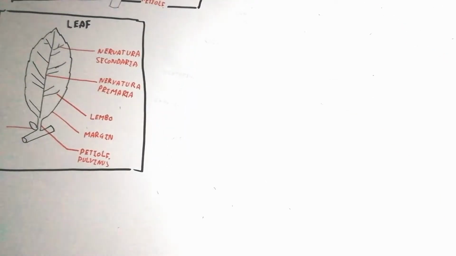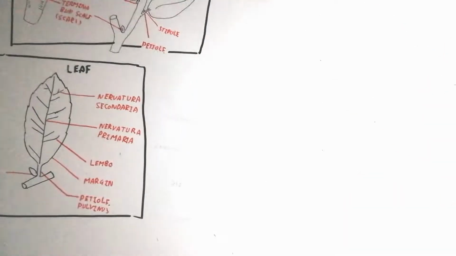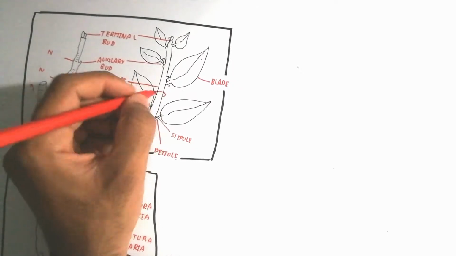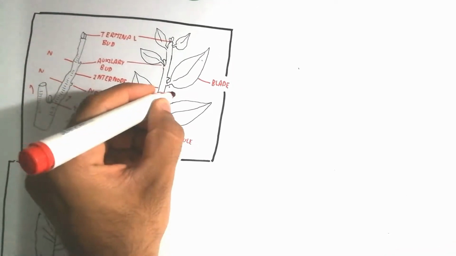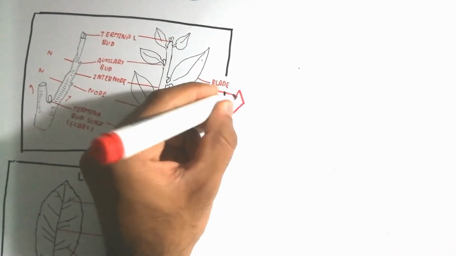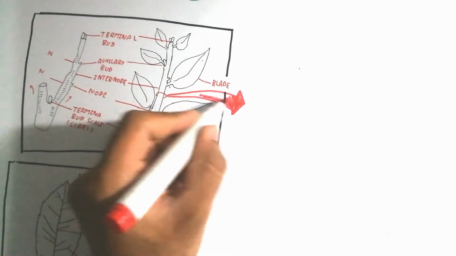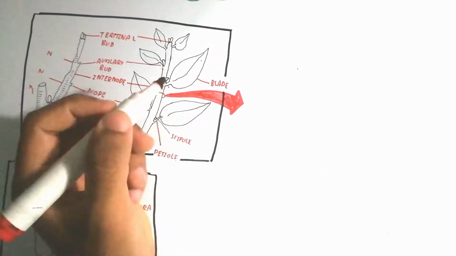Next we will talk about the cross section. First of all we will talk about the herb.